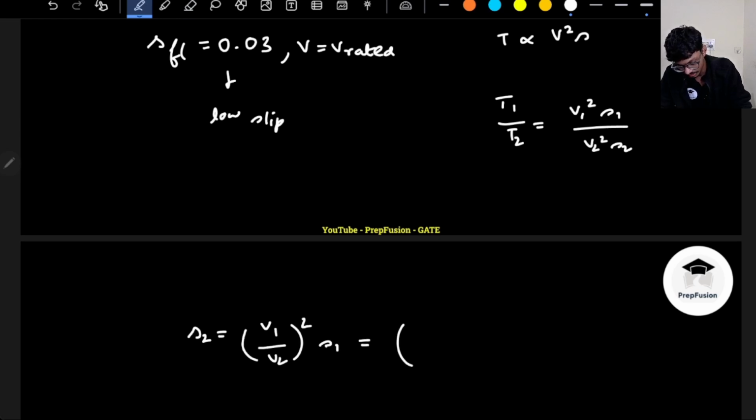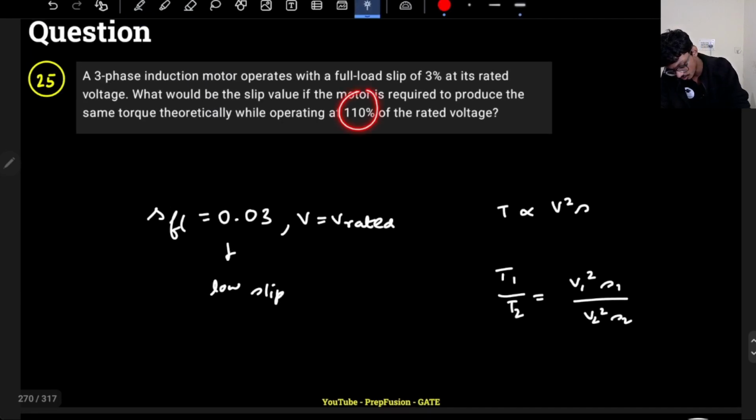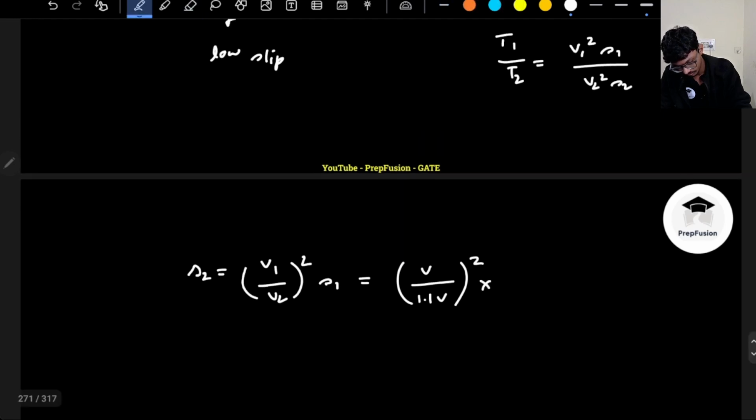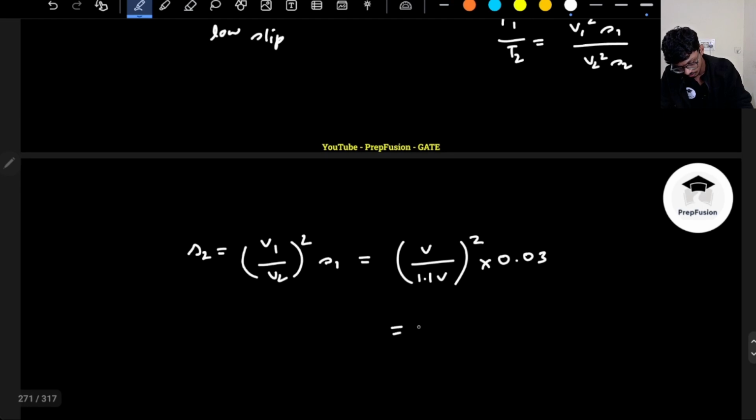V1 is V only, and V2 is the voltage increased to 110%, so 1.1 V. So S2 equals (V divided by 1.1 V) whole square into S1, where S1 is 0.03. This gives the new slip.